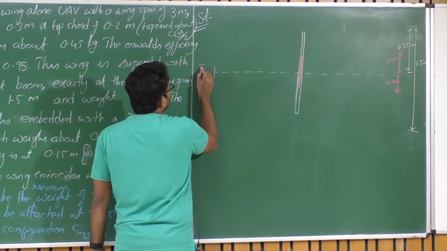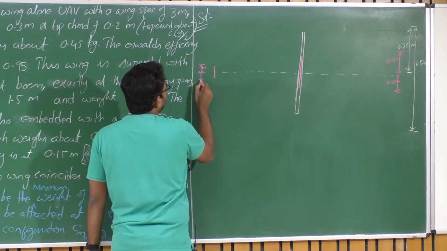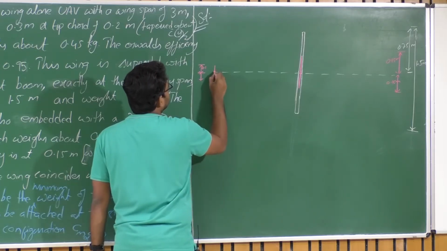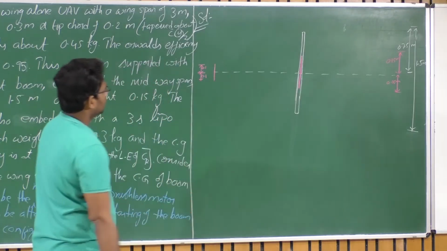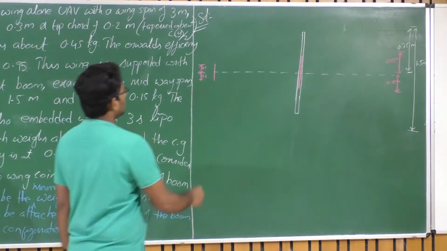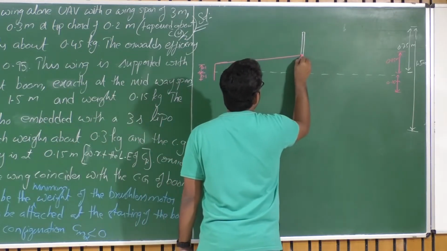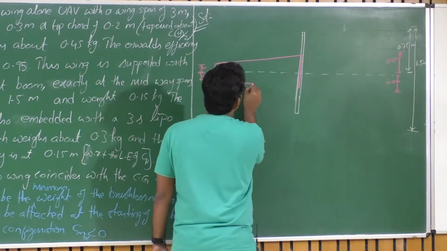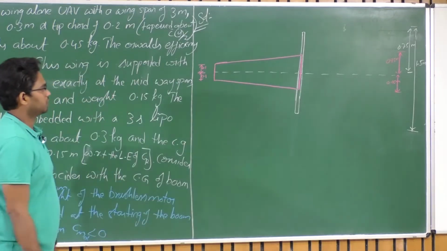So I have 0.1 meters above the taper axis and 0.1 meters below the taper axis. This will be my wing. I will join the leading edge and the trailing edge of all the chords here. So this is my wing.